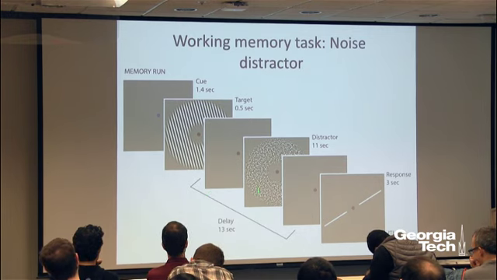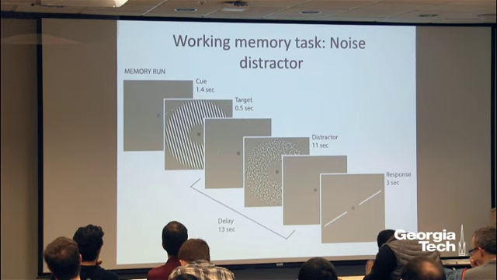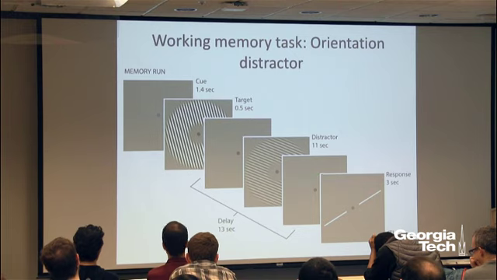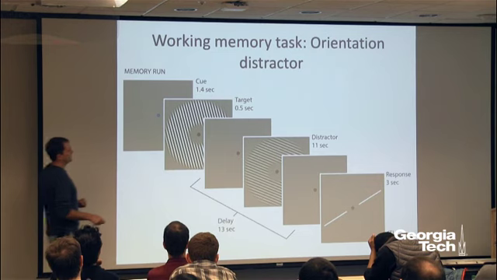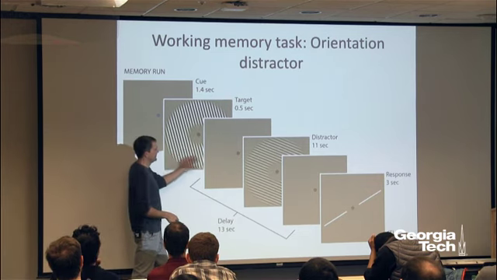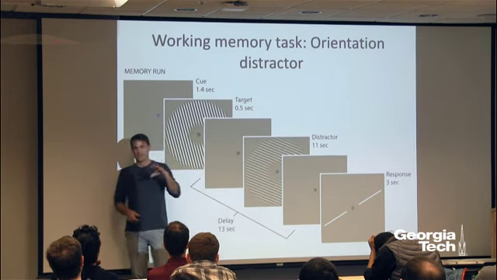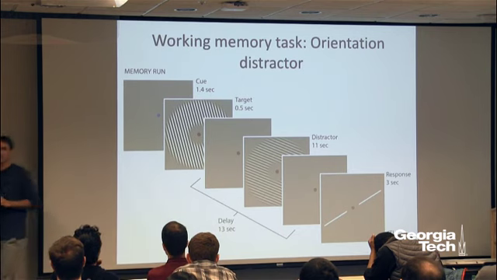Then we flicker either Fourier filtered noise, which is meant to have the same spatial frequencies as the grading, or, since we figured what better to interfere with the grading than another oriented grading, we put another grading up and flicker it during the delay period for 11 seconds. This happens on a third of the trials.